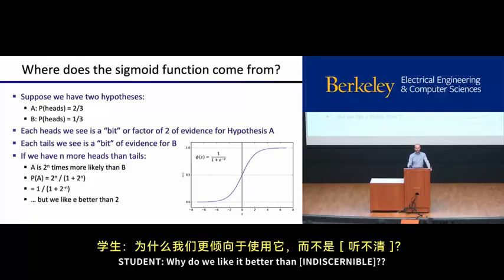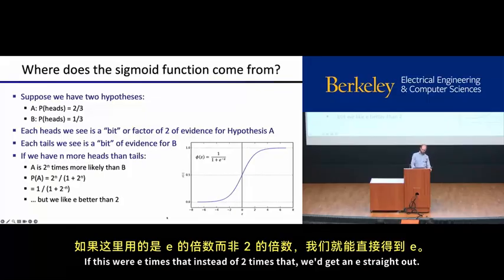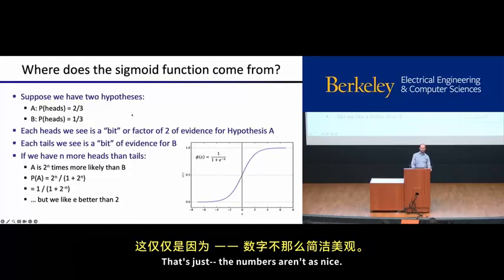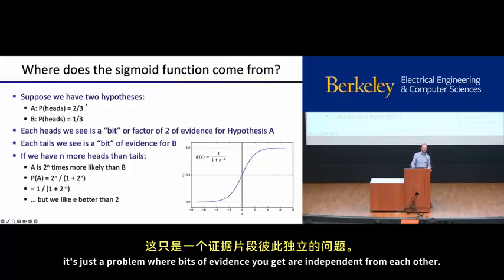Yeah? Because you take the derivative and you don't have an annoying log 2 in the front. If this were e times that instead of 2 times that, we get an e straight out. It's just the numbers aren't as nice. So there's nothing fundamental about this problem. It's just a problem where bits of evidence you get are independent from each other.